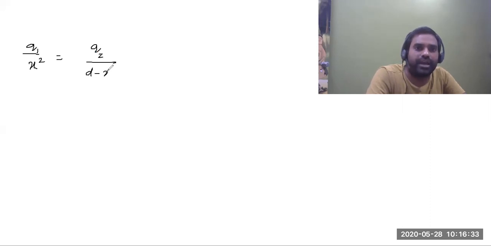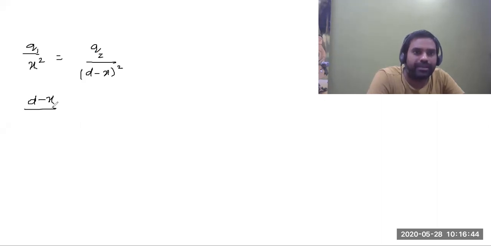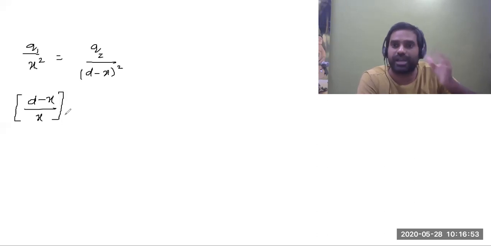Here, friends, after simplification, you can write Q1 by X square must be equal to Q2 by (D minus X) whole square. And from here, try to make X the subject, because I want to find out the position of the null point from the smaller charge.